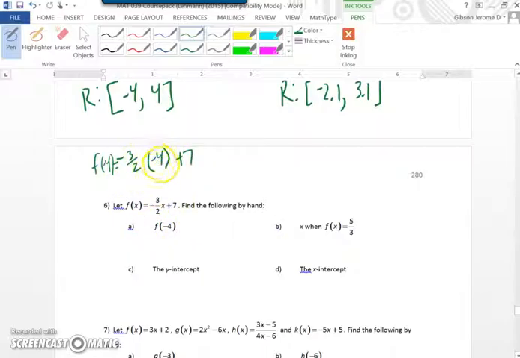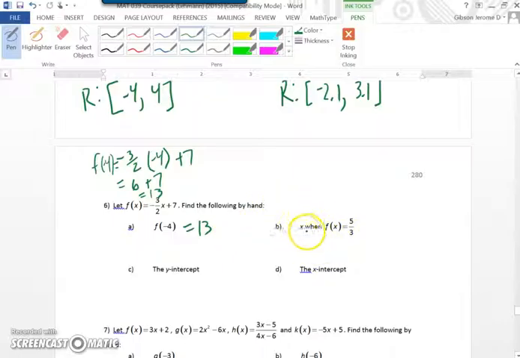Now, -3/2 times -4, if you use your calculator, will give you +6. And 6 plus 7 will give you 13. So your final answer here would be 13. Are there any questions?